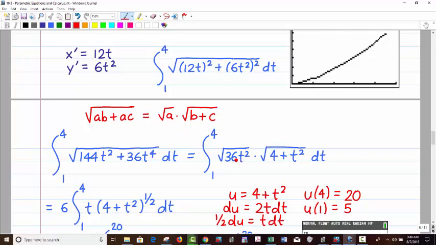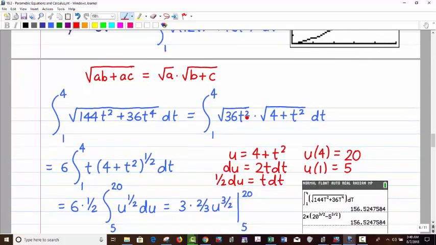So there's a 36t squared that goes into both of these terms, so I factor out the square root of that. It has the square root of 36t squared times the square root of 4 plus t squared.